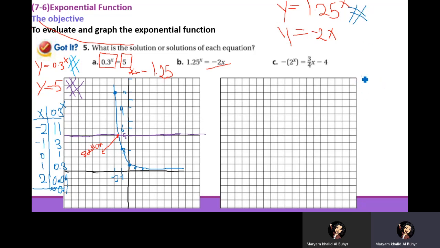Let me finish this one. I need to make a table for this one. So that is x. Here is y equals 1.25 to the power x. Let me choose some values: -2, -1, 0, 1, 2.